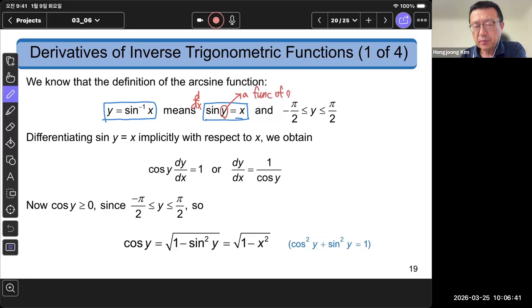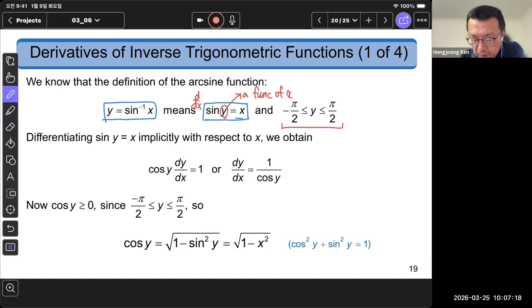Now, of course, when I consider the arcsine, the function must be one-to-one, so the y value must be restricted so that the function becomes one-to-one, right? So when I consider the arcsine, the value of y is bounded between minus half pi and half pi.